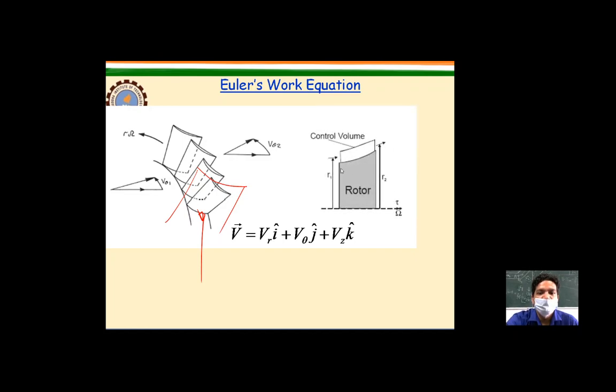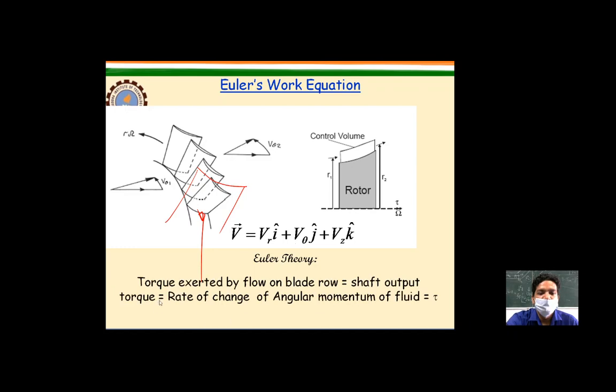Total volume from this point to this one, R1 to R2. Now what does Euler theory say? The torque exerted by the flow on the plate room is equal to the shaft output torque, the rate of change of angular momentum of flow.